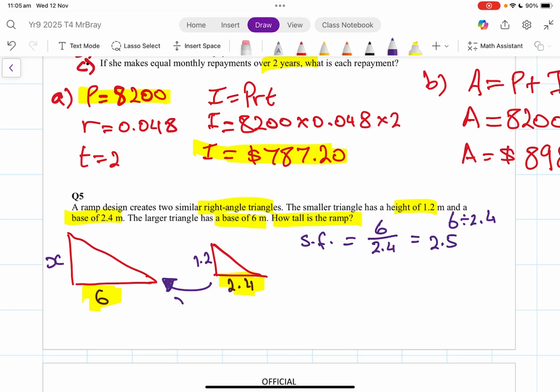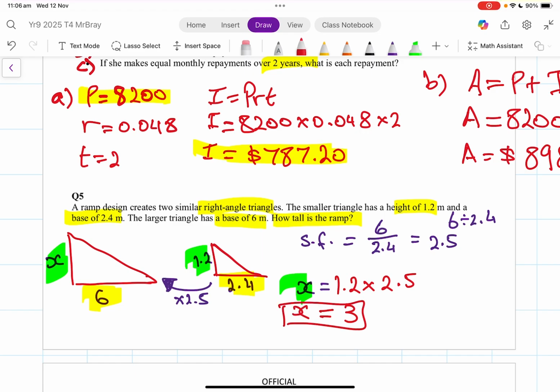So this is telling me that this larger ramp is 2.5 times bigger, which means to find the unknown side, I need to take its corresponding side, the 1.2, and multiply that by the scale factor of 2.5, and we end up with 3.